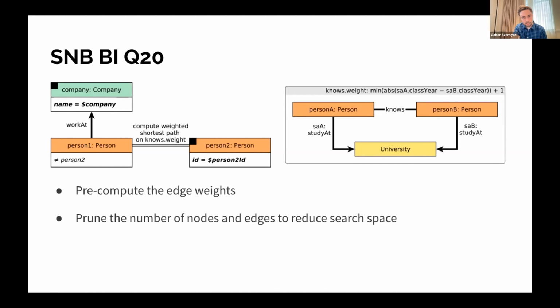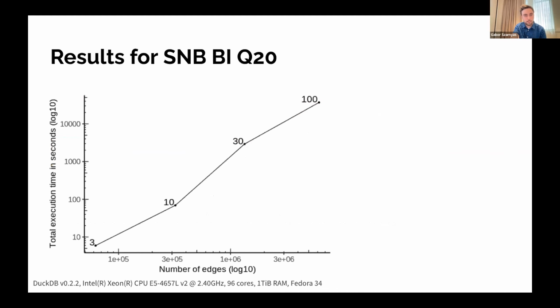But still, performance, it's not that great. We could only so far do up to scale factor 100, which took over 10 hours to complete. So yeah, we need to look further into this.